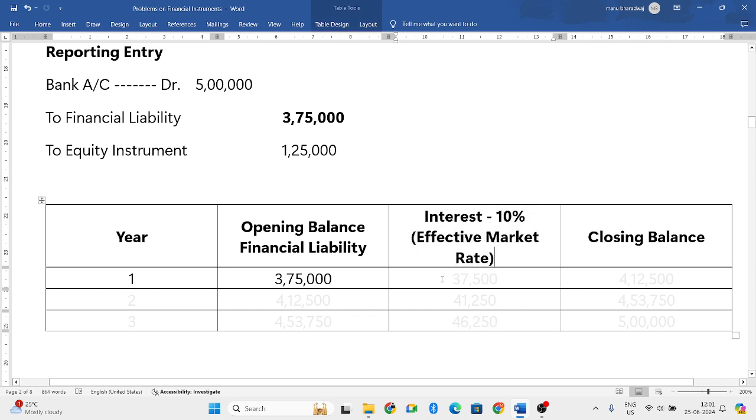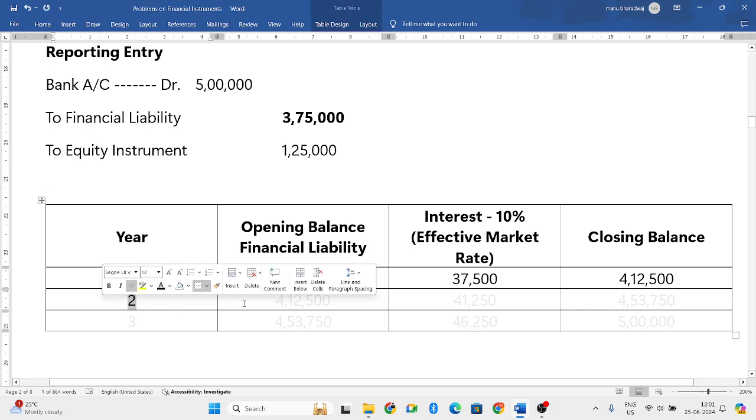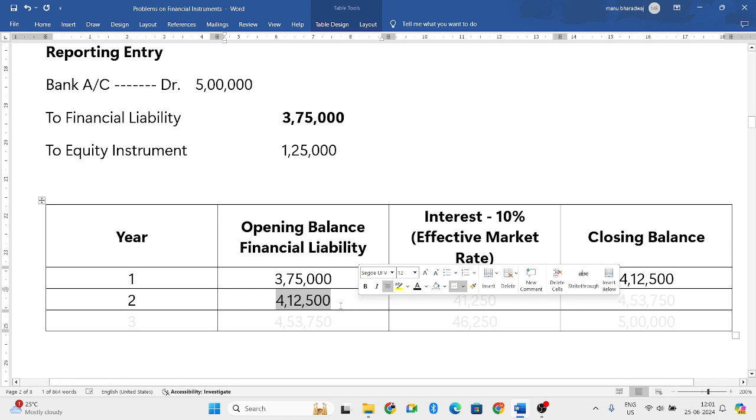So 3,75,000 into 10% would be 37,500. So add this 3,75,000 plus 37,500. You will get a closing balance, that is 4,12,500.